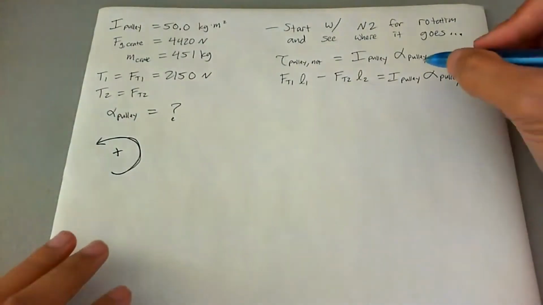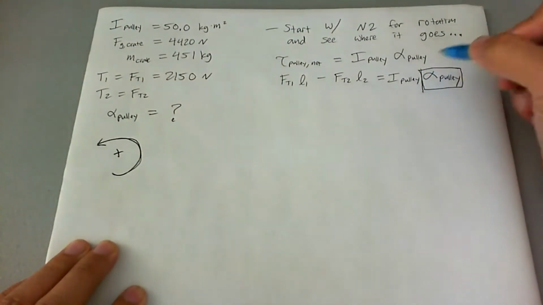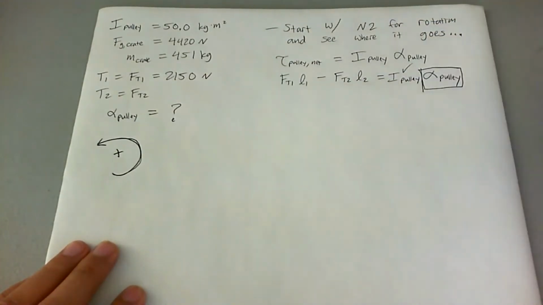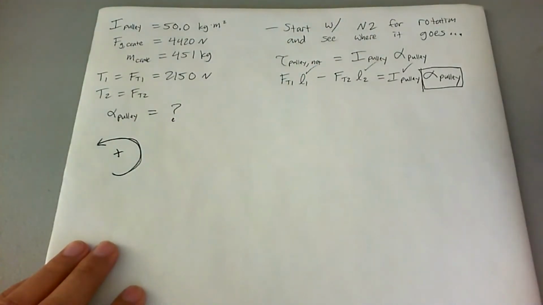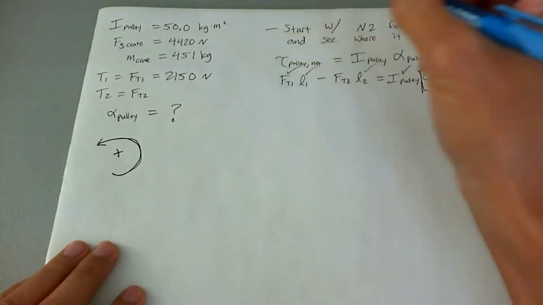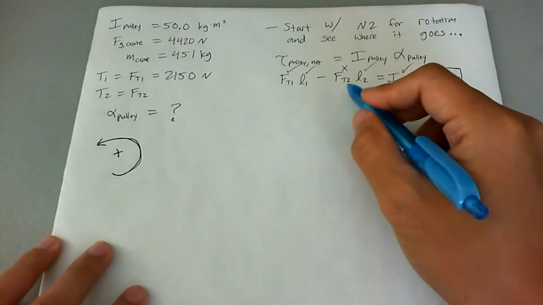All right, let's look at what we need to know. We're in luck because the thing that we need to find is right here. So we have our I on the prize. I pulley is known, L2 is known, and L1 is known. The force of the tension from the motor is also known, but what we don't know is the force of the tension from the crate.